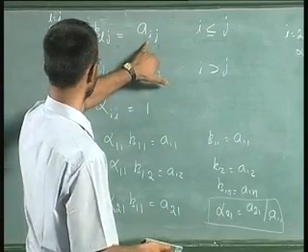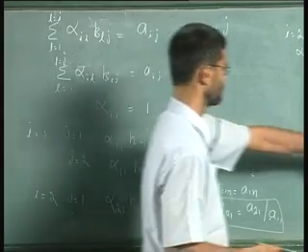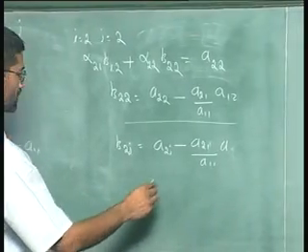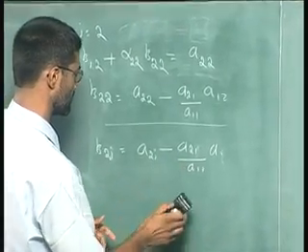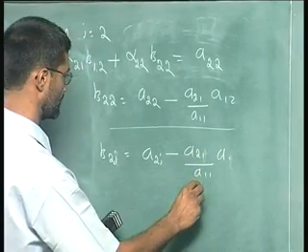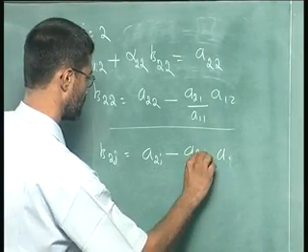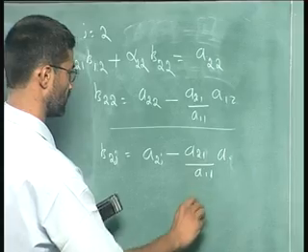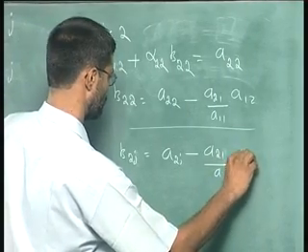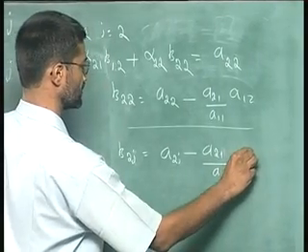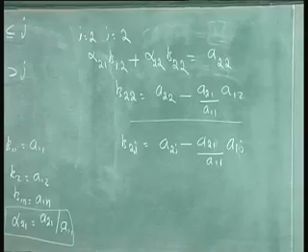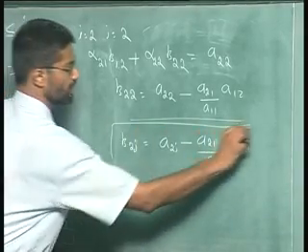So A 2 j minus, in general the solution, A 2 1 divided by A 1 1 into A 1 j, that is what I will have. So that will be the general solution, which you can easily check.